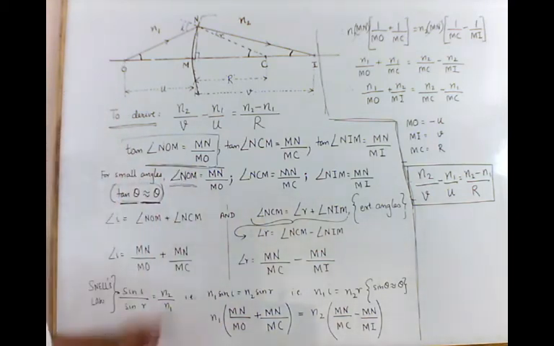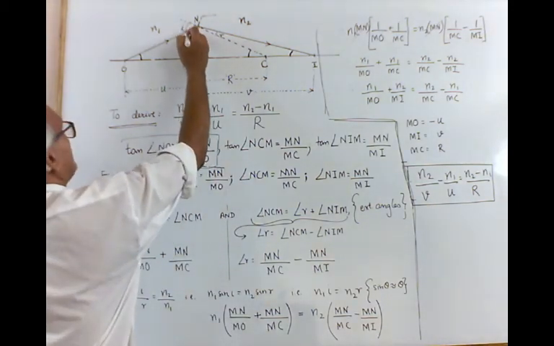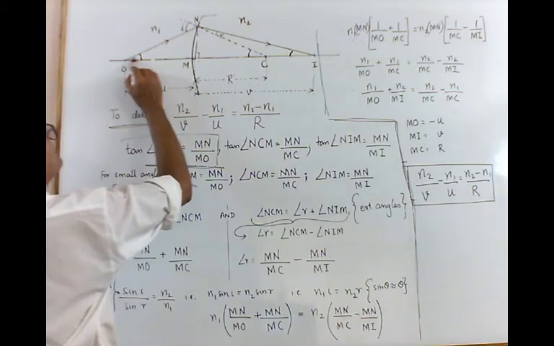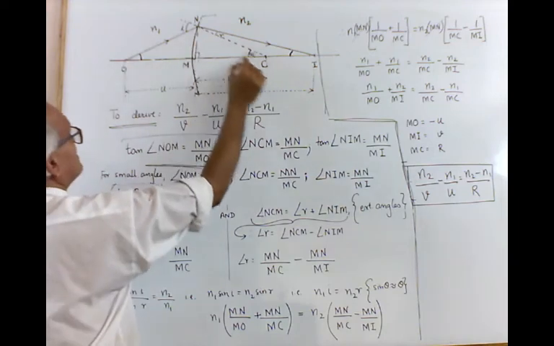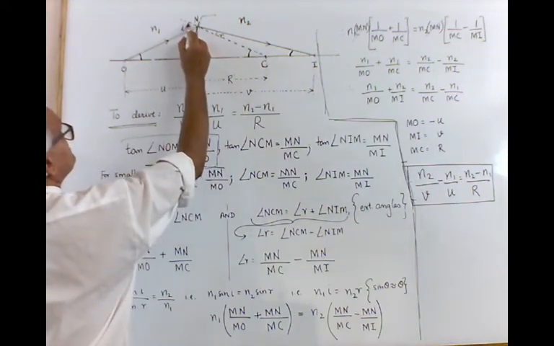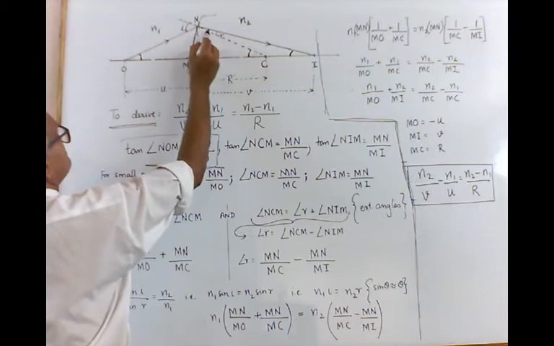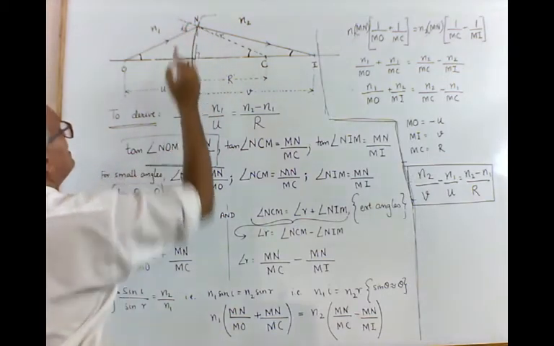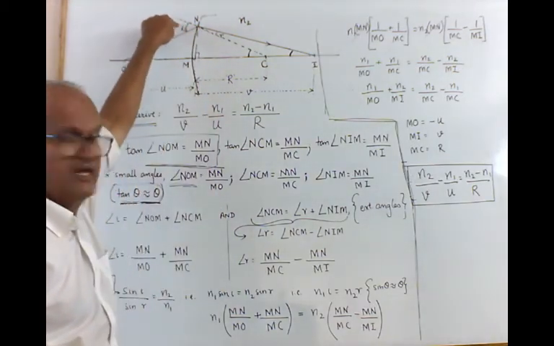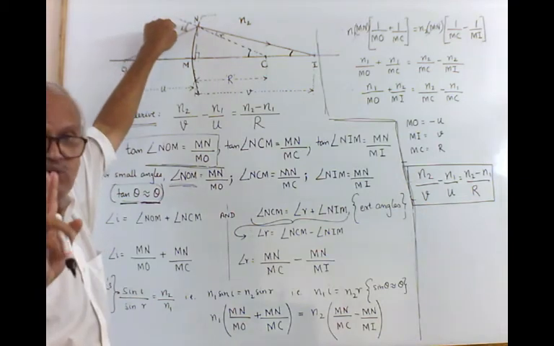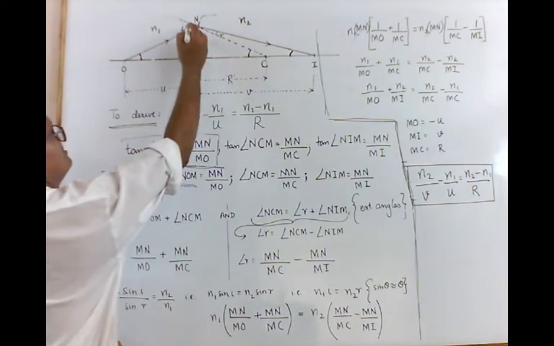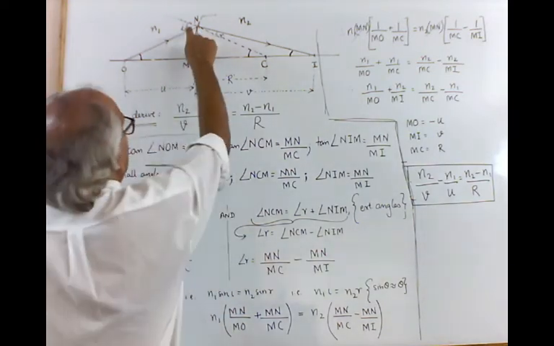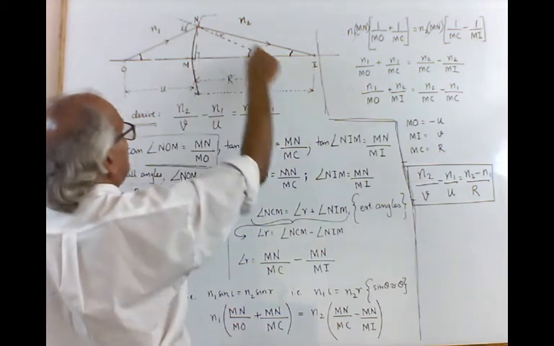Now coming to the next step, if you see this angle I, then consider this triangle ONC. For this triangle, angle I is an exterior angle. See, this is an extension, so angle I is an exterior angle, and the exterior angle is equal to the sum of the other two interior angles. So angle I is equal to angle NOM plus angle NCM.